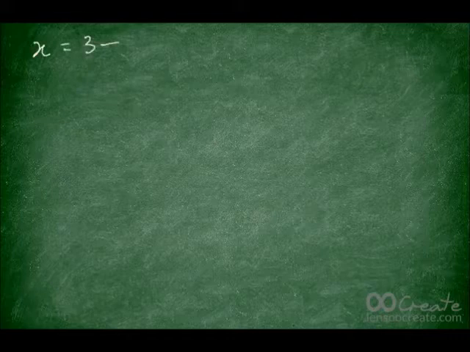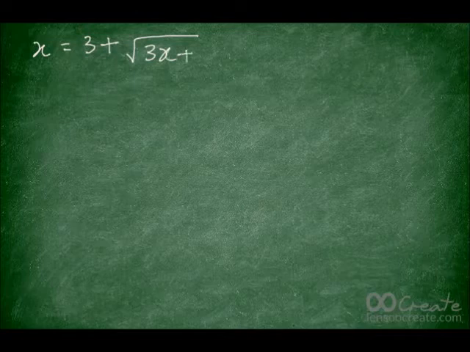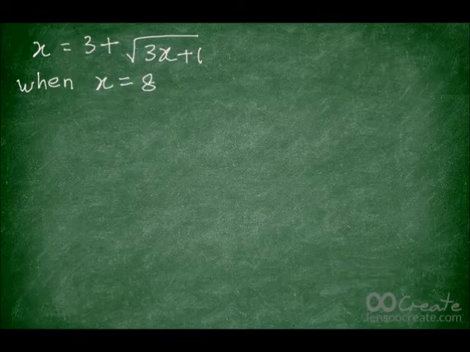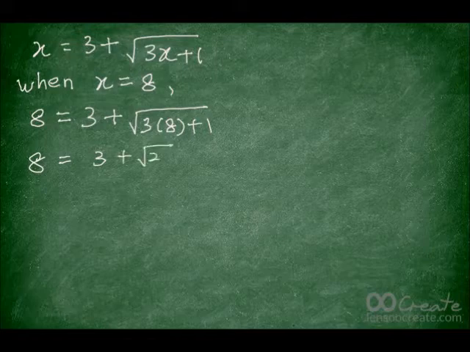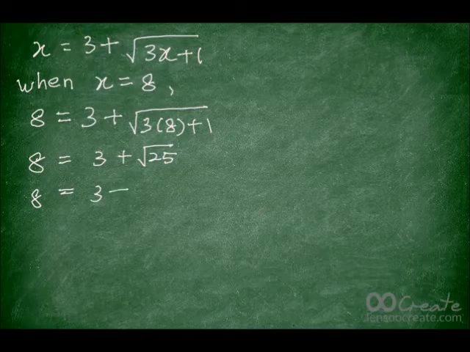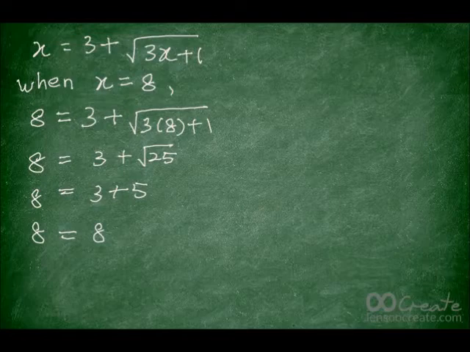Now we need to check the validity by substituting the x value in the original equation. Our original question is x is equals to 3 plus square root of 3x plus 1. When x is equals to 8, we will get, since the left hand side and the right hand side are having the same value, therefore it is valid.